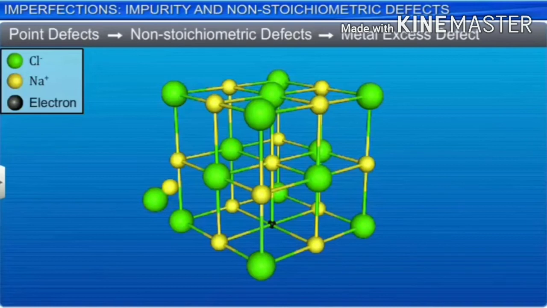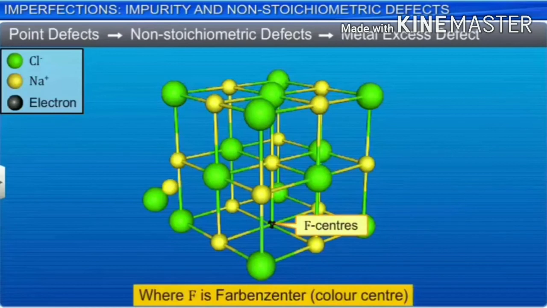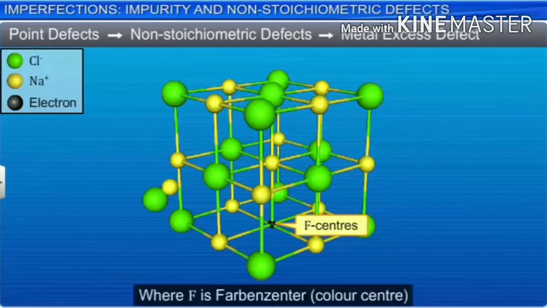The anionic sites occupied by unpaired electrons are called F centers. Here, F stands for Farbenzenter, a German word that means color center. They are called so because they impart color to the crystal.